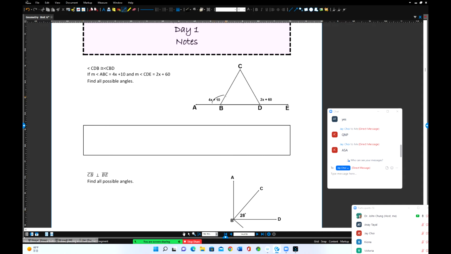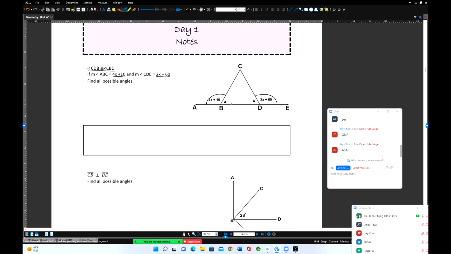These two angles are a linear pair. Linear pair means these two angles are supplementary. In measure, the sum of these two angles is 180. So you can solve this one. Maybe we have some practice. This side is 4x plus 10, and this one is 2x plus 60. Another over here, angle CDB and angle CBD are congruent.